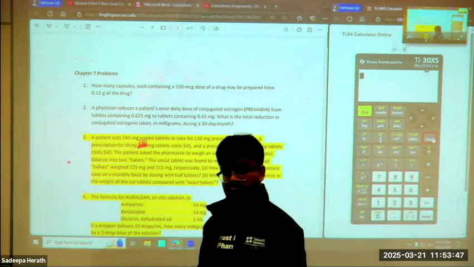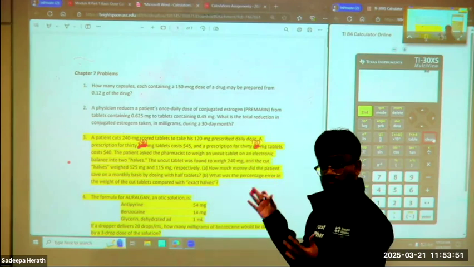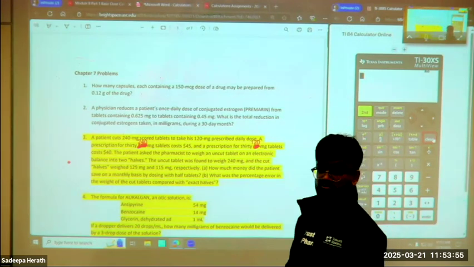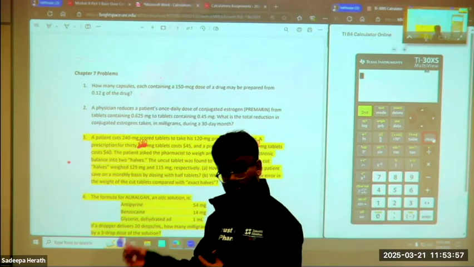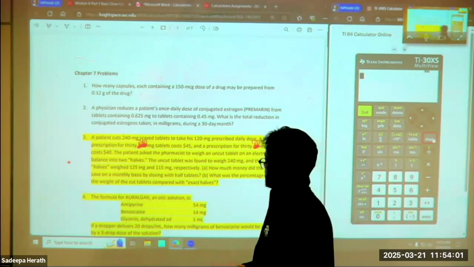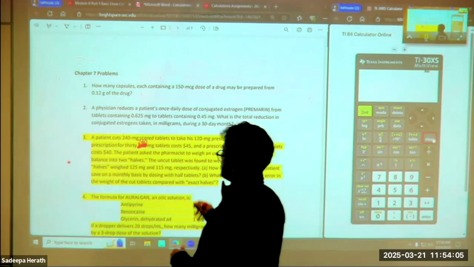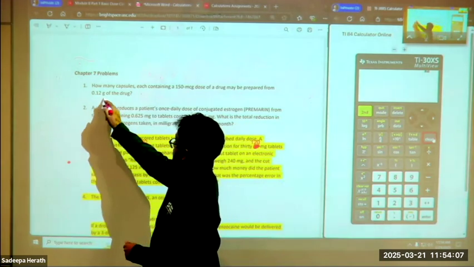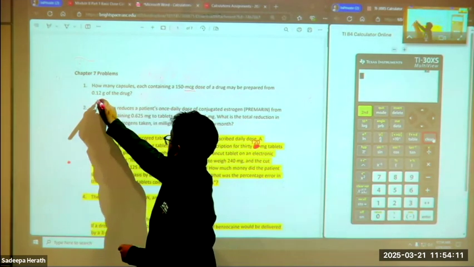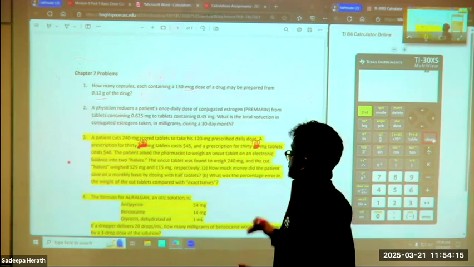We have a total amount of a drug, and we wanted to divide it into capsules, each dose being this amount. I think that was chapter 1, actually. So pretty simple. You just want to make sure that you're noticing the units, grams here, micrograms here, micro, not milligram. So let's work it out.